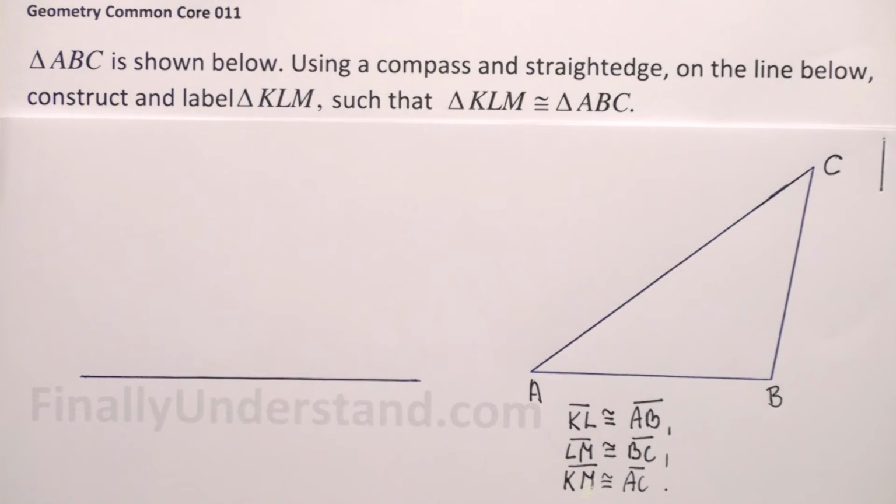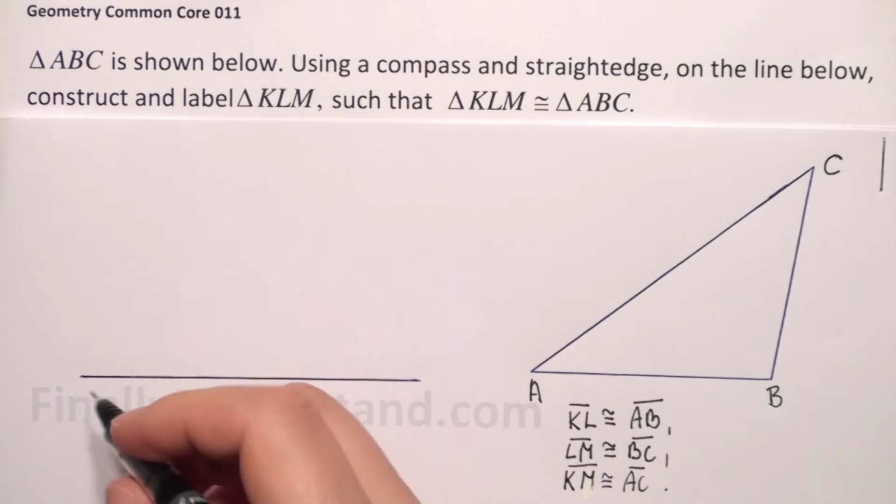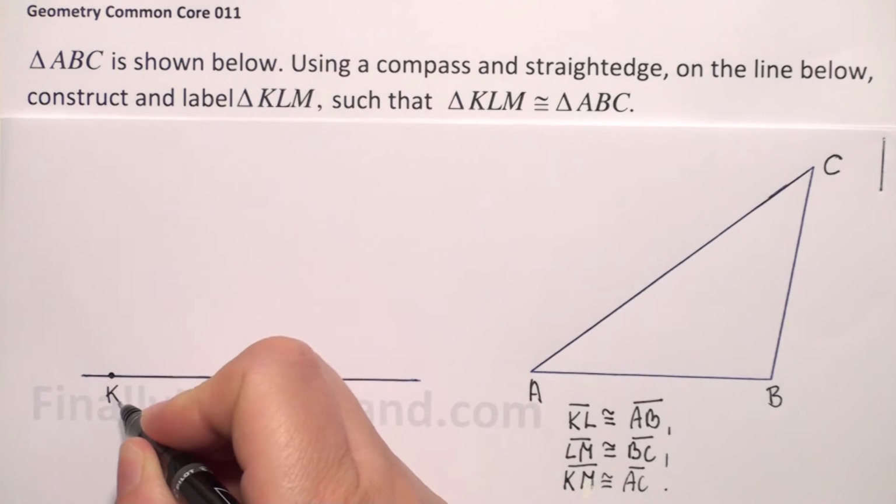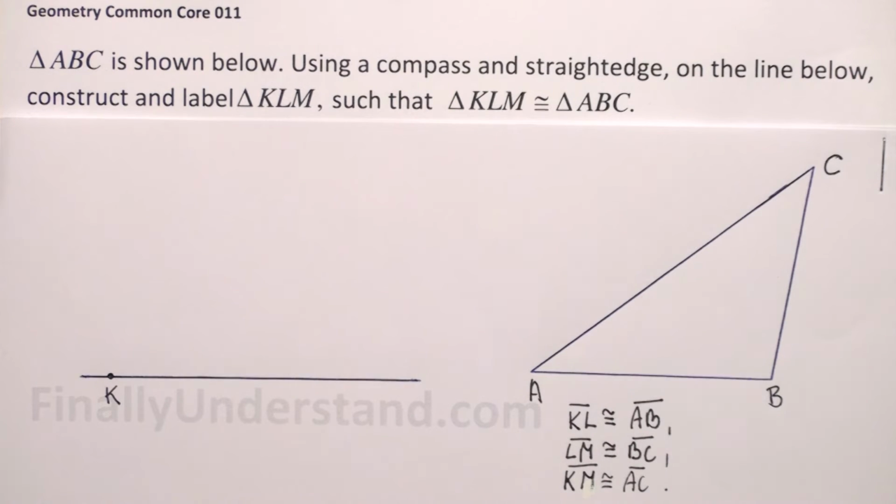First, we will place point K on our given line. Let's put that here, is our point K. Next, we will take the compass. We will measure segment AB, and now we will place our compass at point K and measure the same width, which will be segment KL.